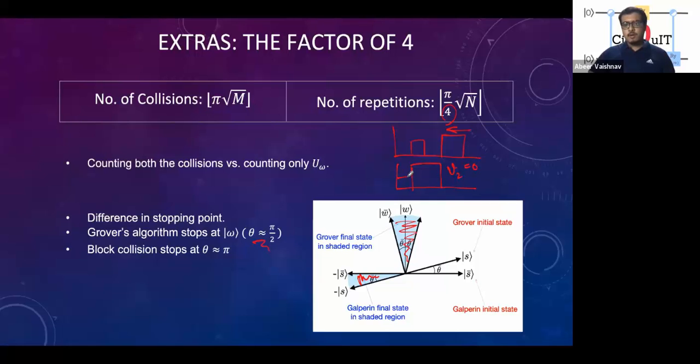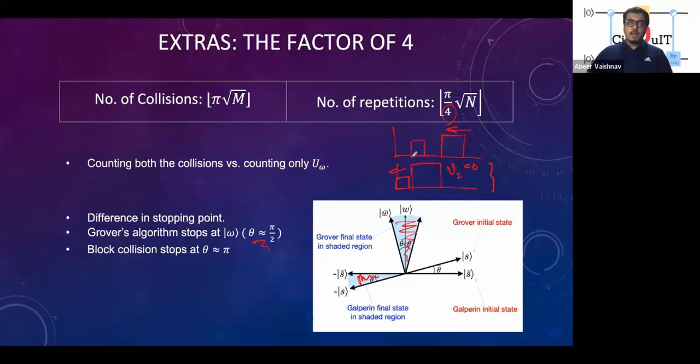And the smaller block has maximum kinetic energy, right? So if this was proper Grover search, we would have just stopped on this particular state, where the smaller block has the maximum kinetic energy, and the kinetic energy of the bigger block is 0.